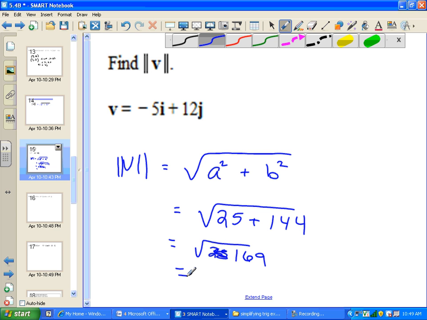So what's that going to give me then? 13 simplified? Yeah, 13. Okay, so the magnitude of the vector is 13. So now, if we see a vector, we should know how to find the magnitude of it. It's just a simple formula. Okay? And so that tells me, remember, the magnitude tells me how long the vector is.